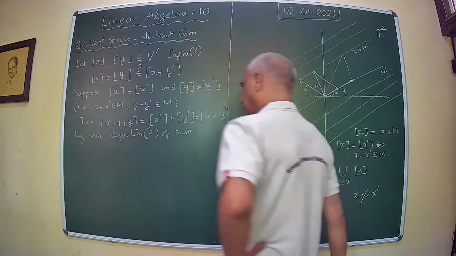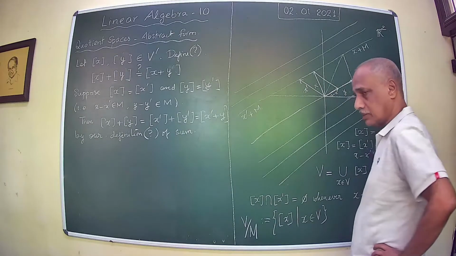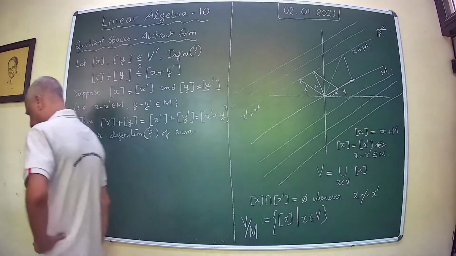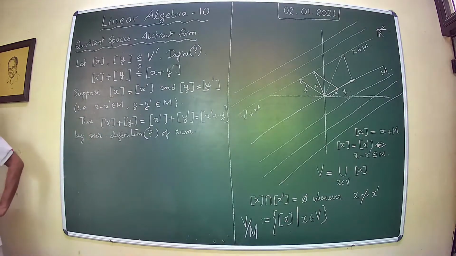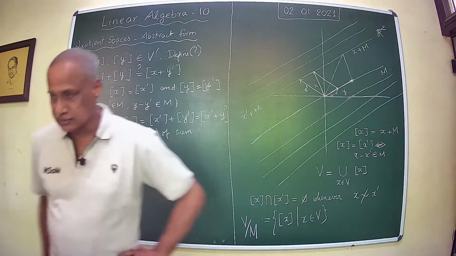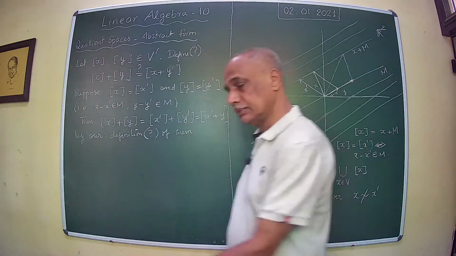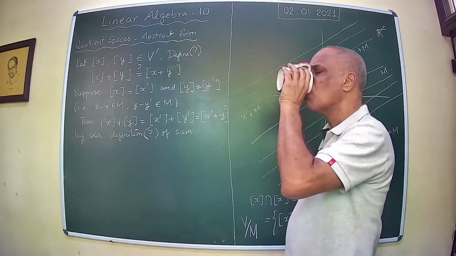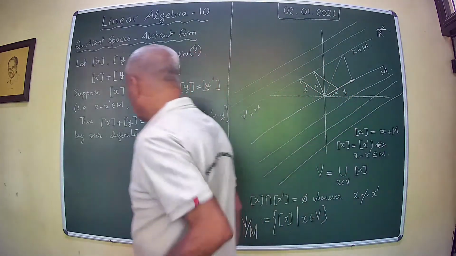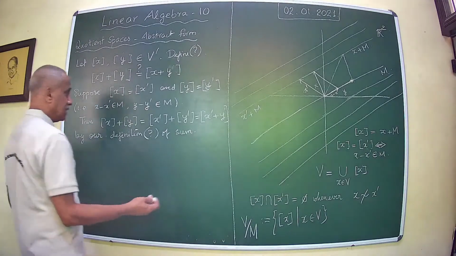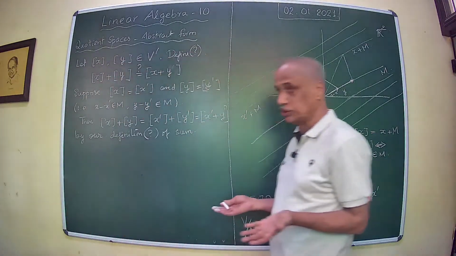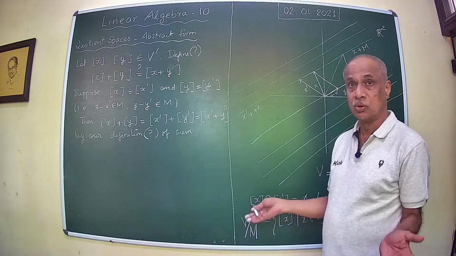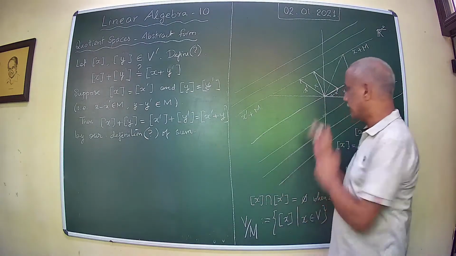But to substantiate or justify this as a definition, we have to show that these are the same. That's important. So what we prove is that irrespective of what representation you choose, you add up, you end up with the same quotient. That's what has happened here.